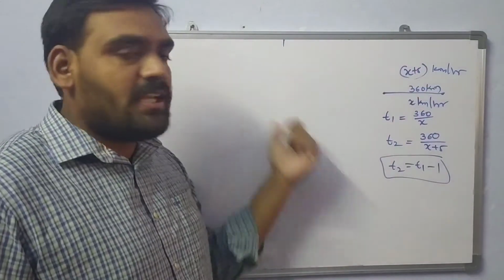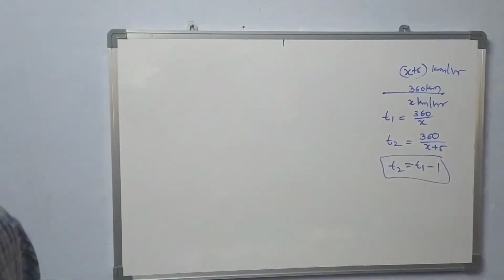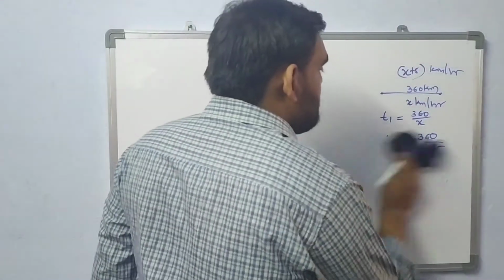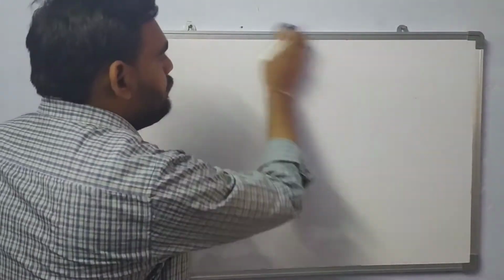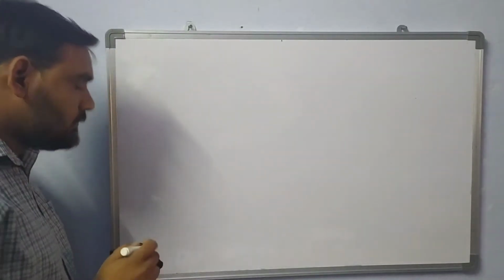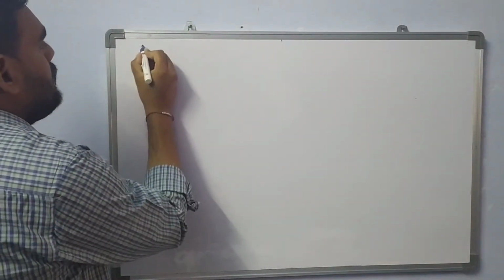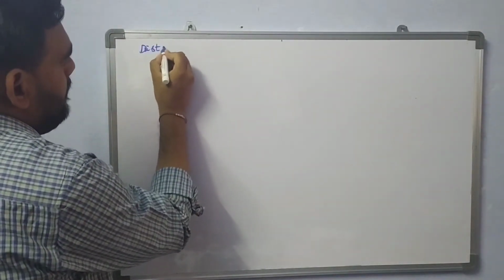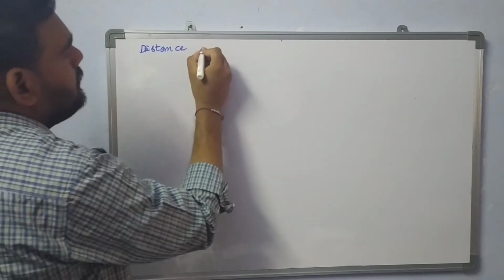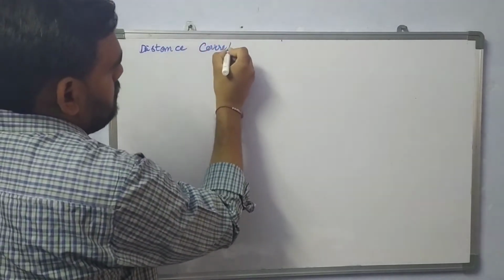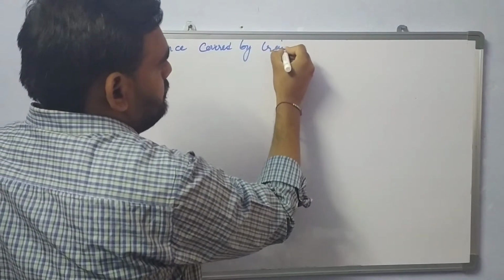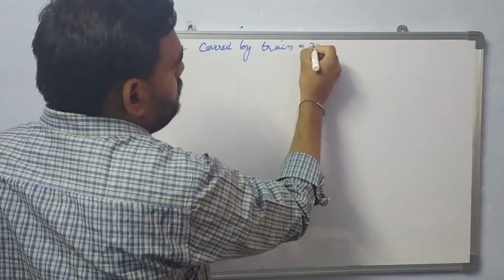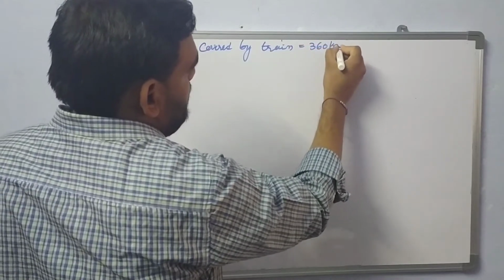Now, I will write each and every step clearly, and then we can very easily find the speed of the train. First thing, whatever they give, we need to write that down. Distance covered by the train is equal to 360 kilometers.